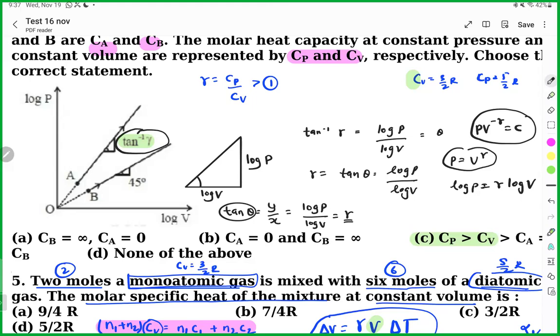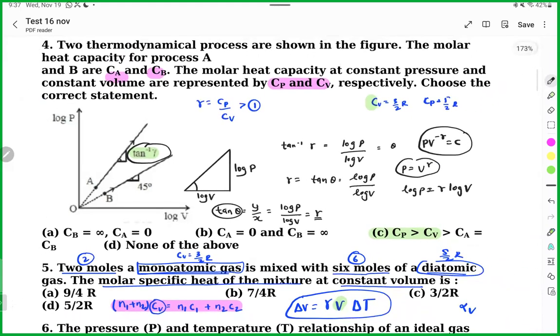That is no doubt. We have to find out what is the relation of CA and CB. This is our requirement. We have to calculate what is the relation between CA and CB. Which one will be greater? How to calculate? Angle. Here, in case of B, angle is 45. In case of A, tan theta is equal to gamma.